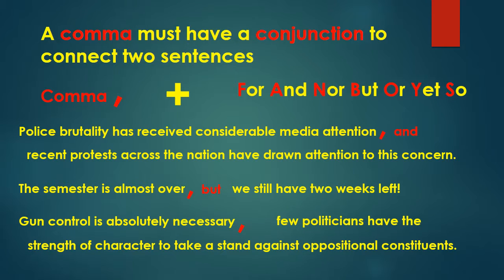And one last example. Please remember that any of these sentences that I create are not meant as my opinion, and some of these issues are more controversial than others. Please remember this is not necessarily my opinion. This is the kind of sentence you might be writing in your paper. Gun control is absolutely necessary, comma. Few politicians have the strength of character to take a stand against oppositional constituents.